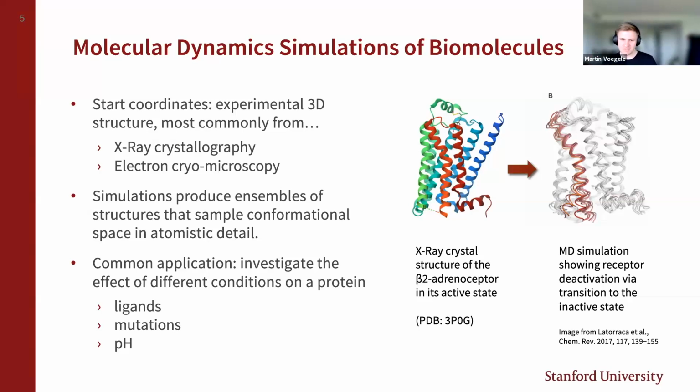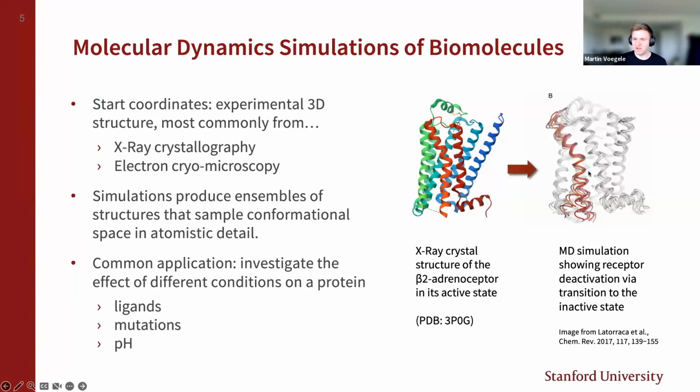And the simulations then produce these large ensembles of structures because we model each atom explicitly, they can sample this conformational space in very much detail down to the atomistic scale. So here you can see one of the static structures from the protein data bank. And then in these simulations, you can see how this over time evolves.